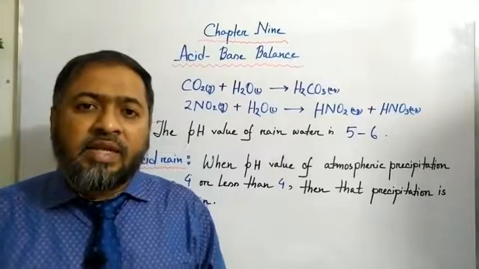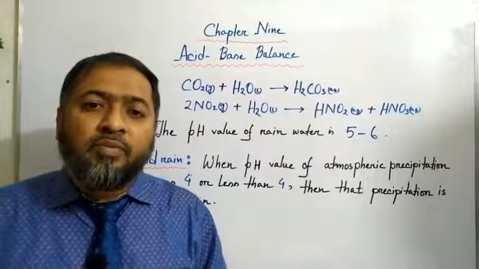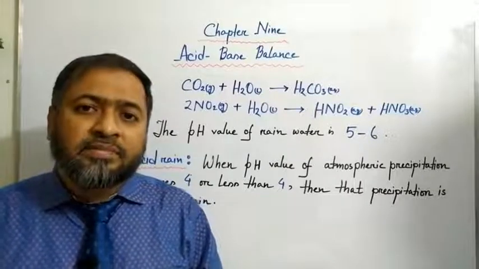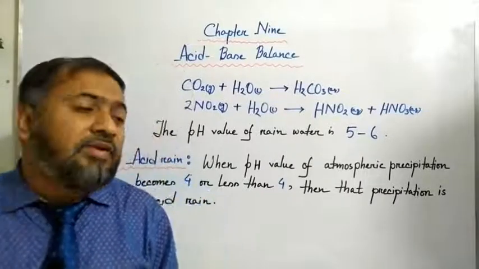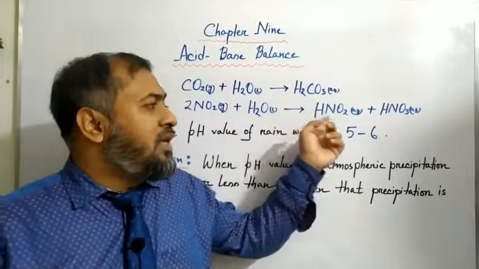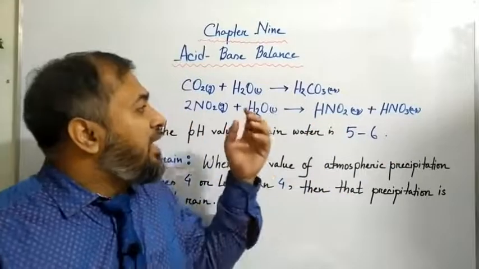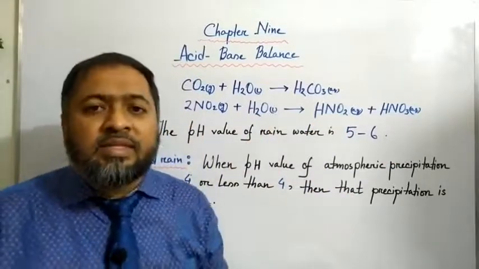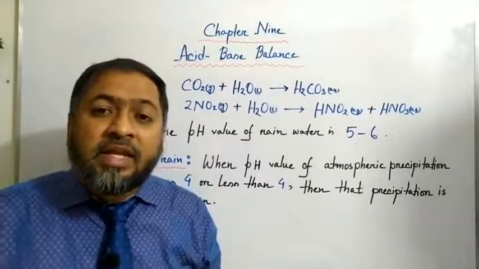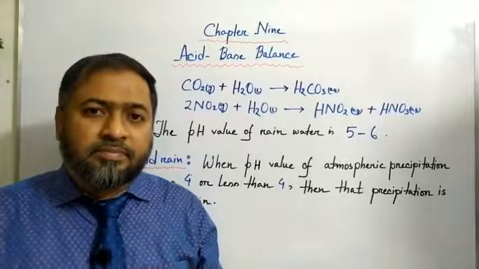This nitric oxide is oxidized by the atmospheric oxygen and produces nitrogen dioxide. And then nitrogen dioxide reacts with atmospheric water and produces nitrous acid and nitric acid. This carbonic acid, nitrous acid and nitric acid reduce the pH value of rainwater.